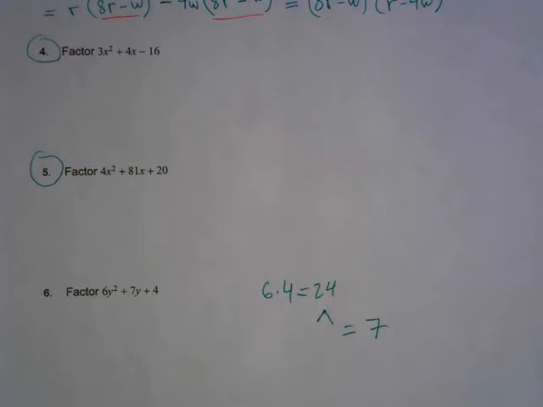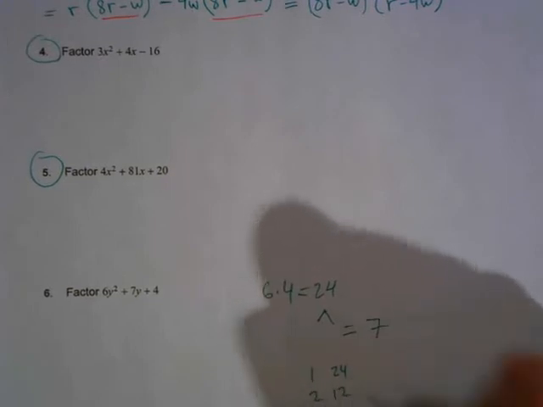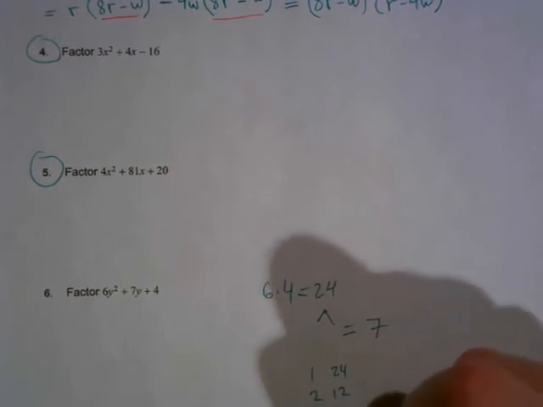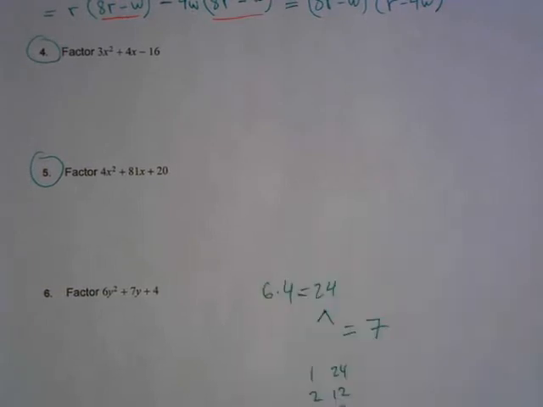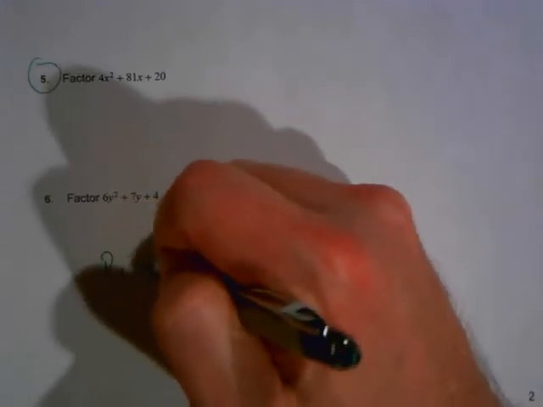Well, I start thinking, let's see, 24, I could do 1 and 24. I could do 2 and 12. I could do 3 and 8. I could do 4 and 6, and that's all of them. And I don't see any pair that I can use to get a 7. So you know what that tells me? It doesn't work. This is prime.